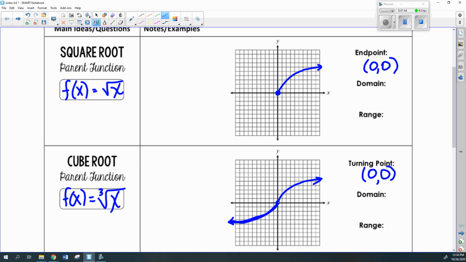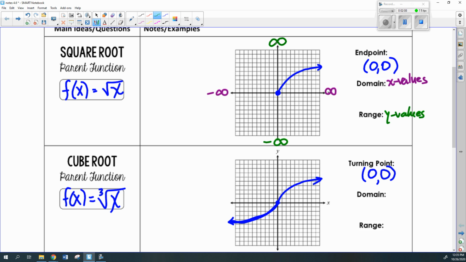All right, so then we need to talk about how to get the domain and range. Please don't forget that the domain are x values, so you read the graph from left to right, and the range are y values, so you read the graph from bottom to top, okay?